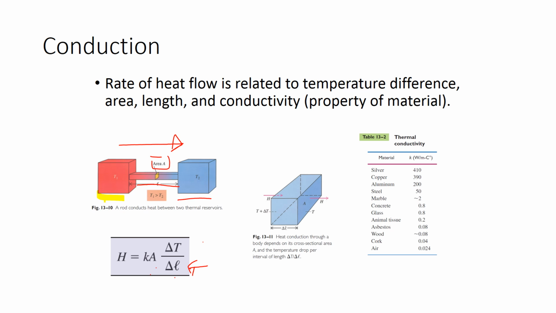Our temperature change here is still T to the first power. So the rate of conduction through the solid is equal to this K value, which is a property of the material called thermal conductivity. This is a table of thermal conductivities given in watts per meter degree Celsius.